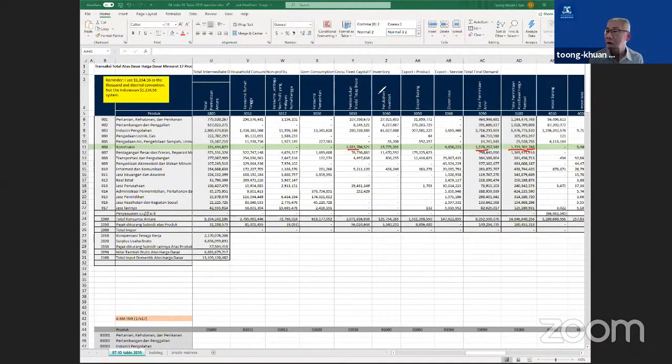So now you look at this one, which sector contributes the most? Which of your 17 sectors contribute the most to pembentukan modal tetap?